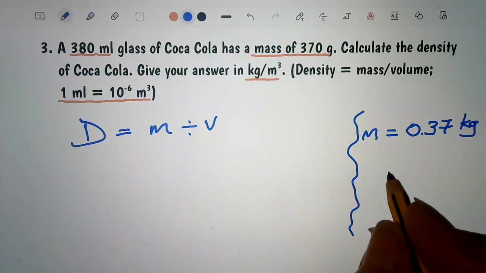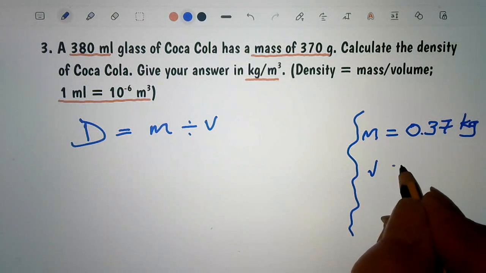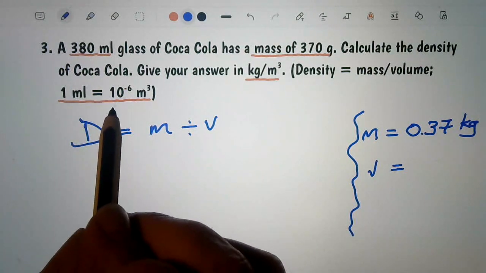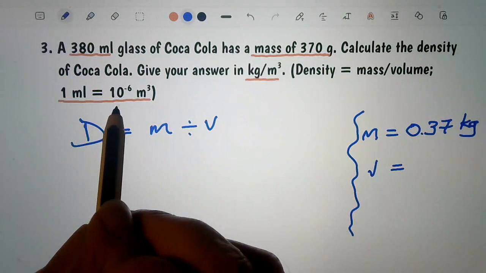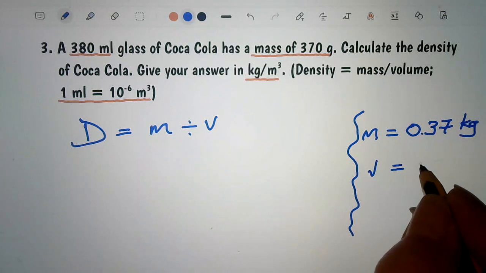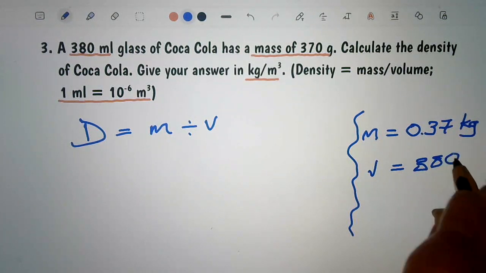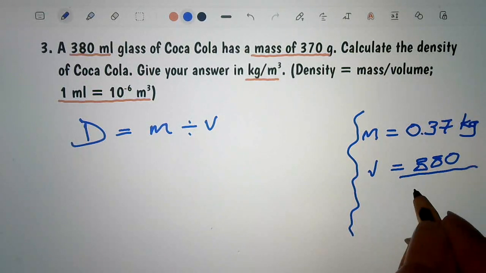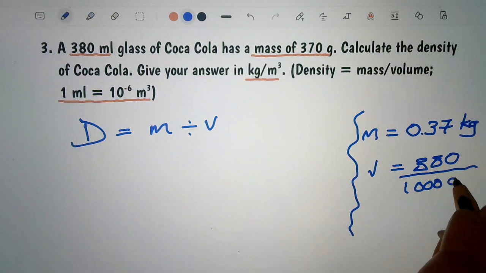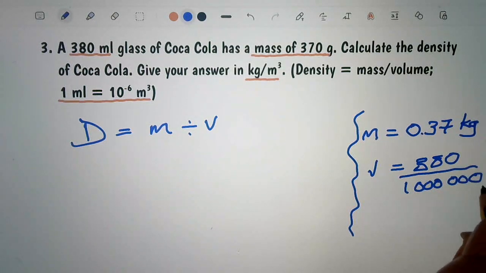Now for the volume, that's 380 ml, and I've got to divide that by 1,000,000. So it's 380 divided by 1,000,000. I'm actually going to put 10 to the 6 when I do the calculation.